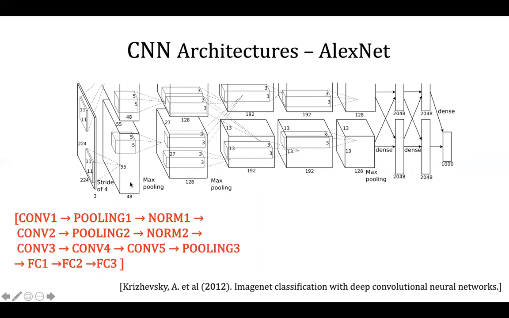Here we have a couple of blocks: convolution layer, pooling layer, and normalization layer. Nowadays, this normalization layer is not used anymore. And then there's a stack of convolutional layers, pooling layers, and a couple of fully connected layers.